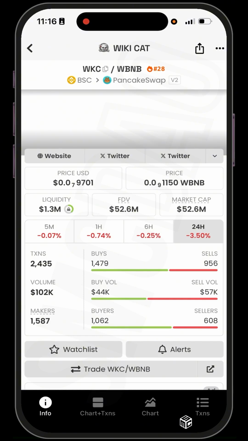And you need to understand that low unsafe liquidity equals danger, and locked or burnt liquidity plus consistent buys equals safe opportunity. And Wiki Cat has one of the best mechanisms, where with every buy and sell, the liquidity pool supply gets burnt.